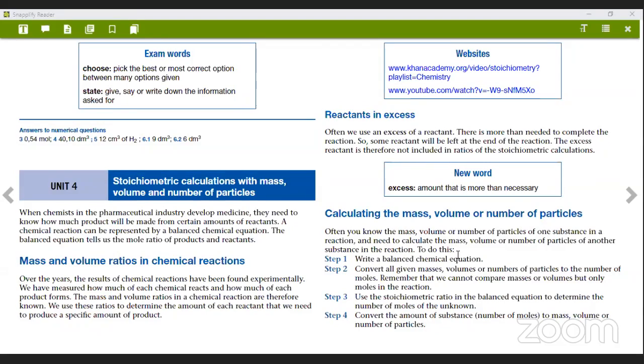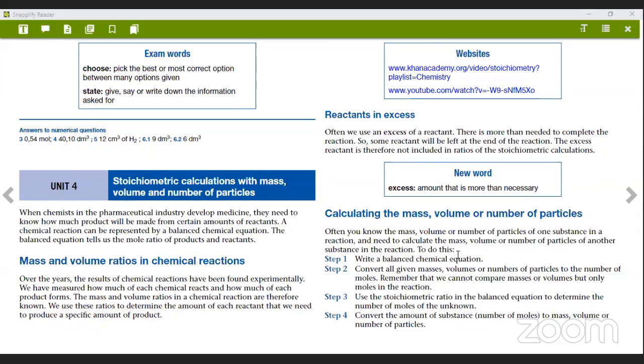We're always working with the number of moles. Volume also has an equation where you can end up getting the number of moles. So first step, you get an equation and you balance it. After balancing it, you change whatever is given into the number of moles.